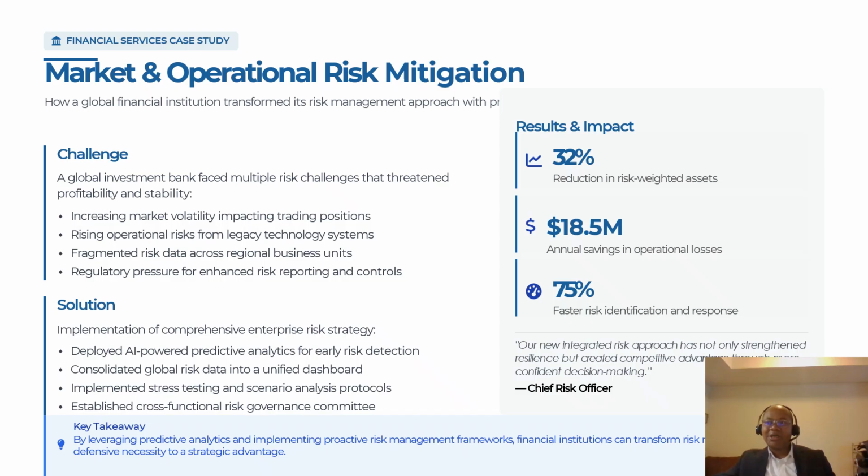The challenges are increasing market volatility impacting trading positions, rising operational risks from a legacy technology system, fragmented risk data across regional business units, and regulatory pressure for enhanced risk reporting and control.